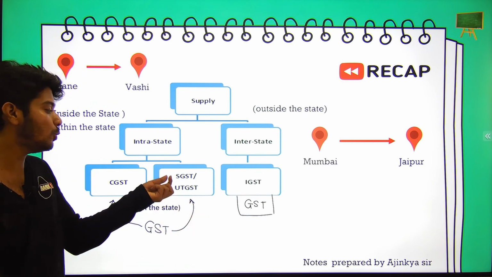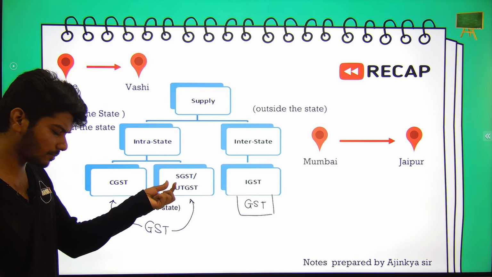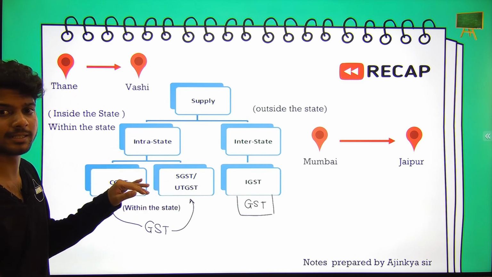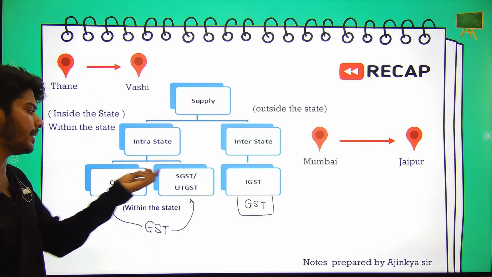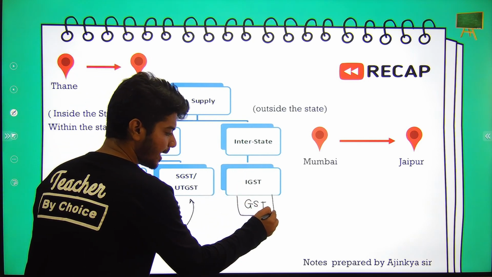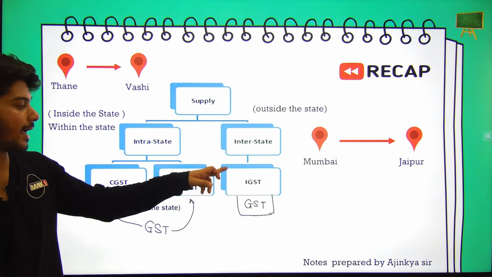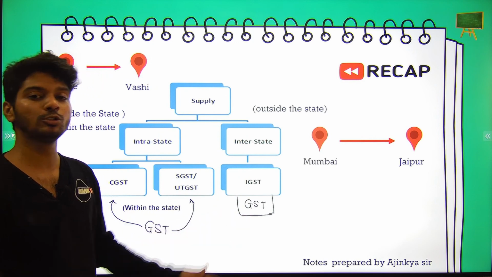UTGST means Union Territory Goods and Services Tax. It works exactly the same. When you buy in the same union territory and sell it in the same union territory, the tax is calculated like this. But in case of interstate, how is the tax calculated? IGST is equal to GST.